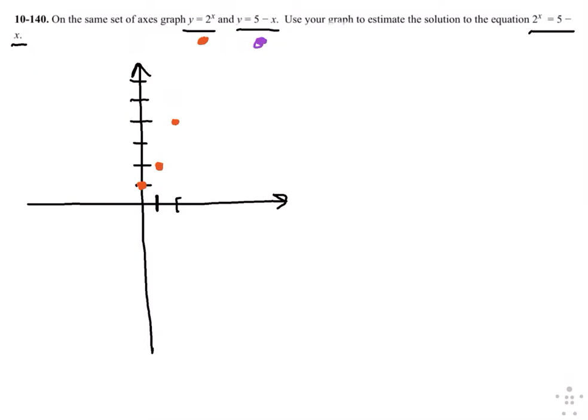And on the way down, if x is -1, y is 1/2, right? So it's going to curve around like that, never quite hitting the x-axis, and it's going to keep going up like this. All right. That's about as good as can be done on an iPad.